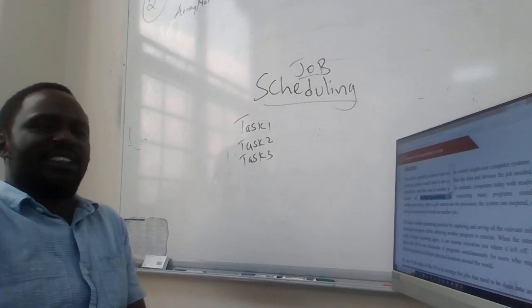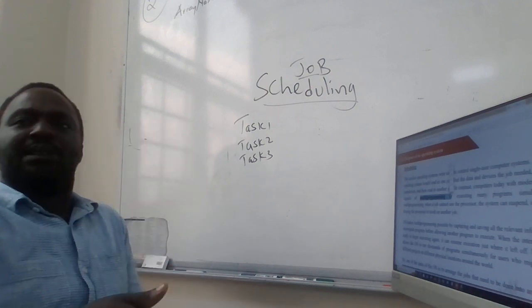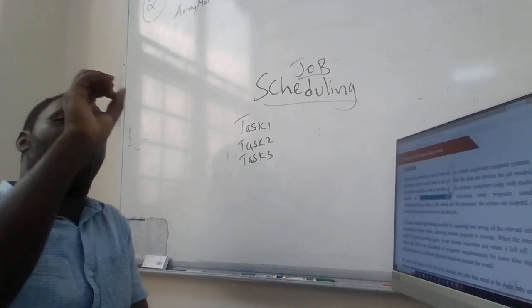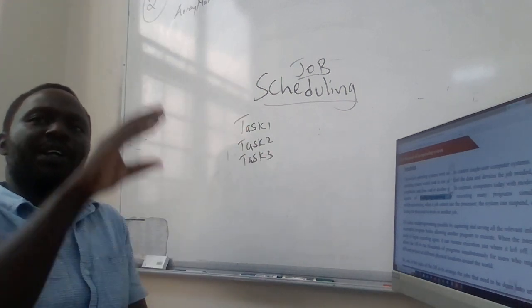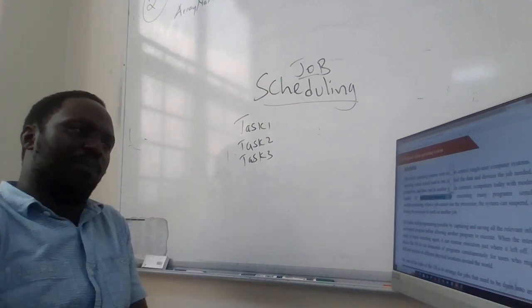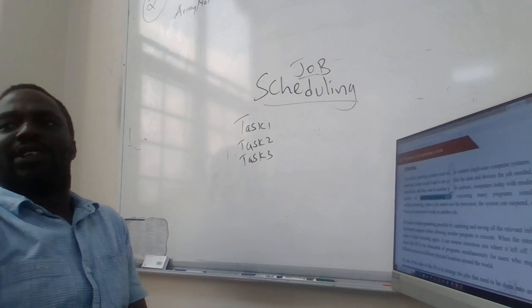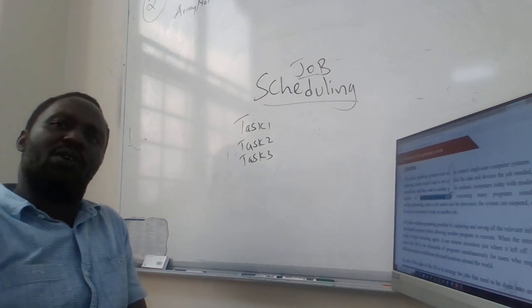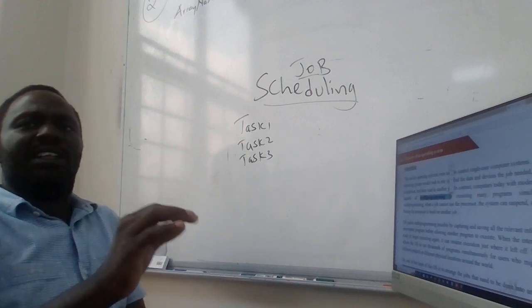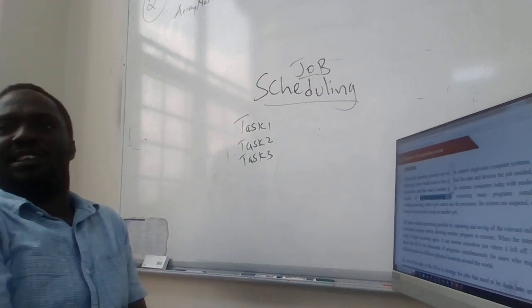Which means now, in this case, the computer systems are multi-programming computer systems. They allow multiple programs to be open on the computer. But when those programs are open, it does not mean that all the instructions are done at the same time. No. Only one instruction has to be done at a time. And this is where now job scheduling comes in.